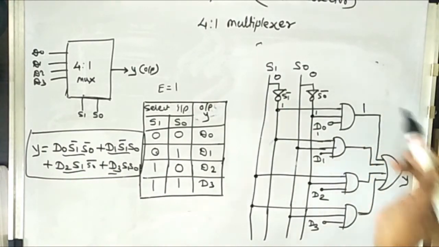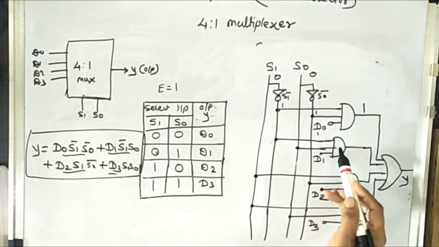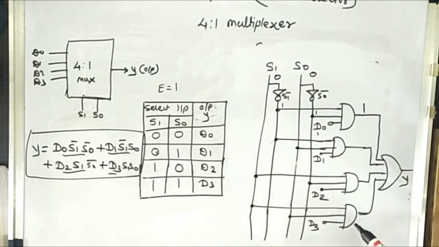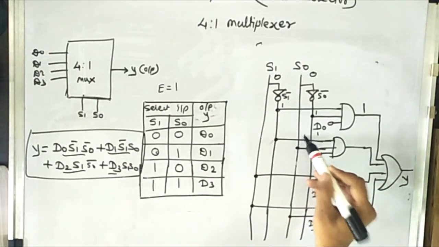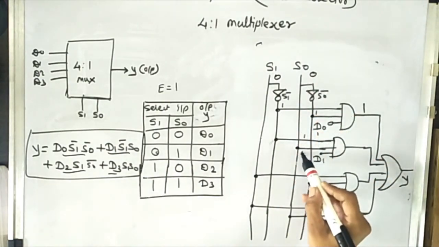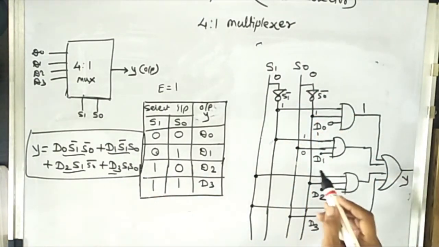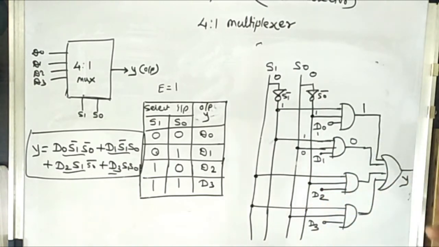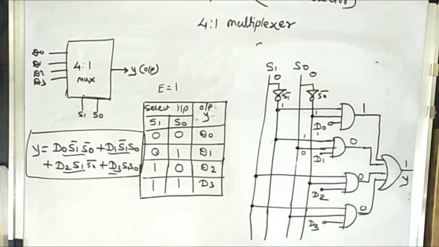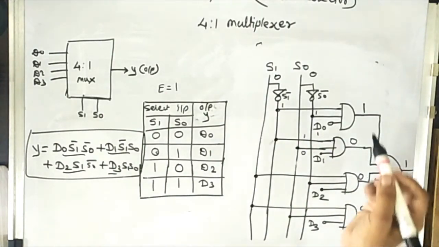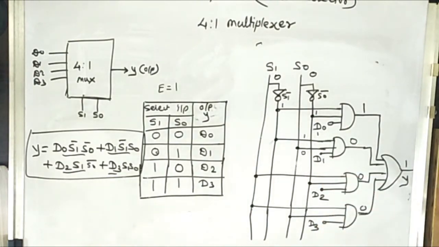So here at the output we get 1. But for the second, third and fourth AND gates, for S0 it is 0, and whatever the status of D1, the output will be 0. Similarly for this it is 0 as we connected to S1. Again this is also connected to S1, so it is 0. So 1 plus 0 plus 0, so here at the output we get 1, because D0 is 1.